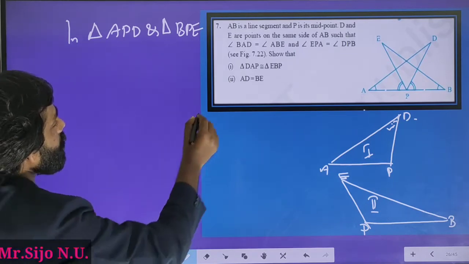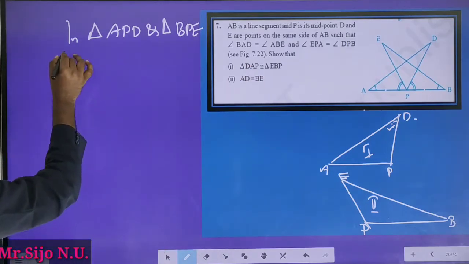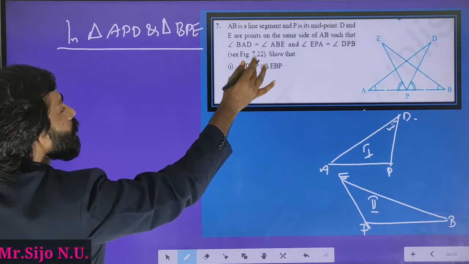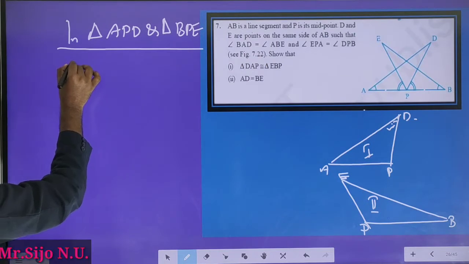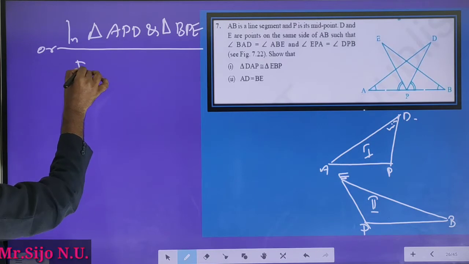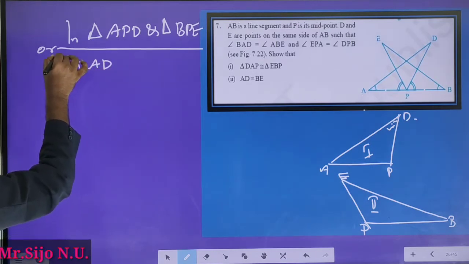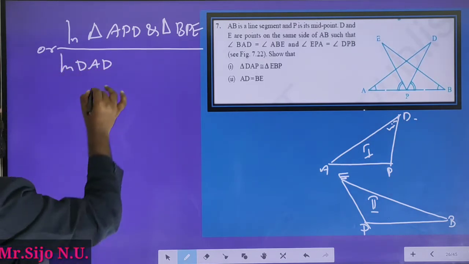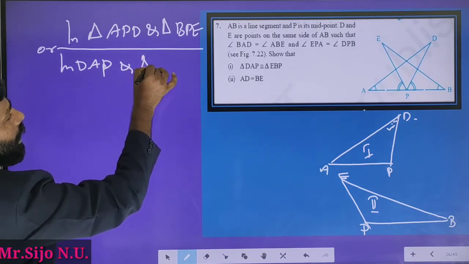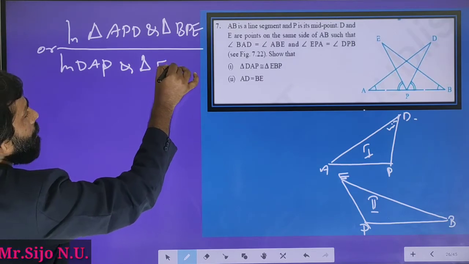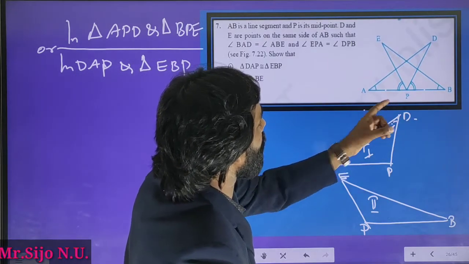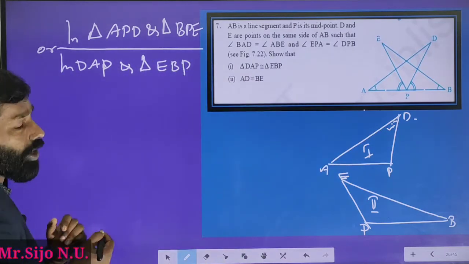Okay, so if you are considering this question, we can write DAP, then also no matter. We can write in this way also, or we can write both the same, angle DAP in triangle DAP and triangle EBP. Both are correct.